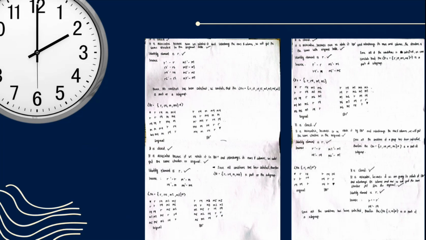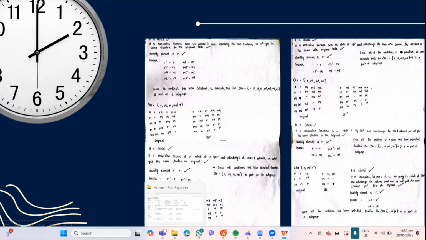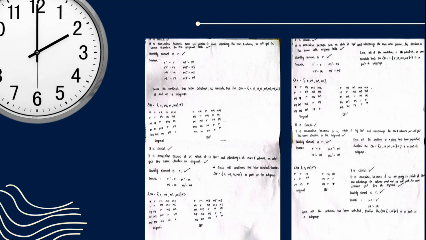It has the identity element R, and the inverse of R4 is R4, the inverse of M is M, and the inverse of M4 is M4. Since all the conditions have been satisfied, A5 is a subgroup.